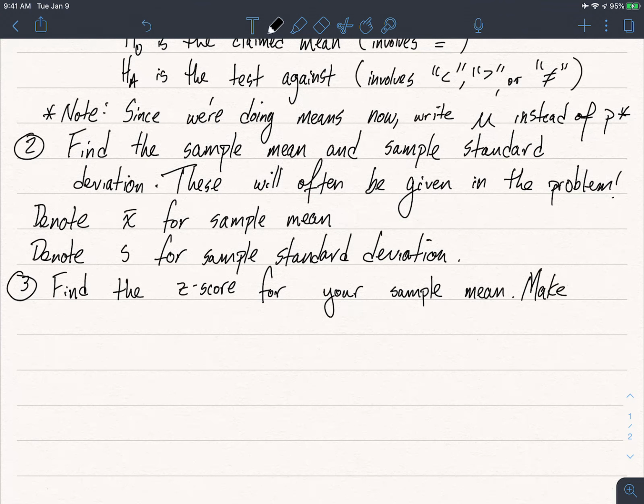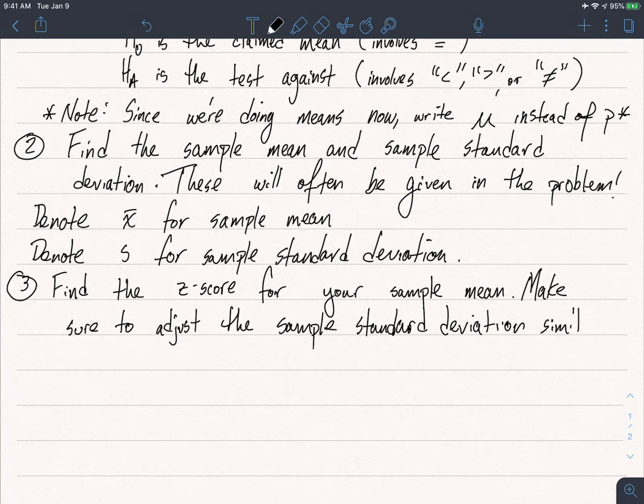Make sure to adjust the sample standard deviation, similar to when using the central limit theorem.